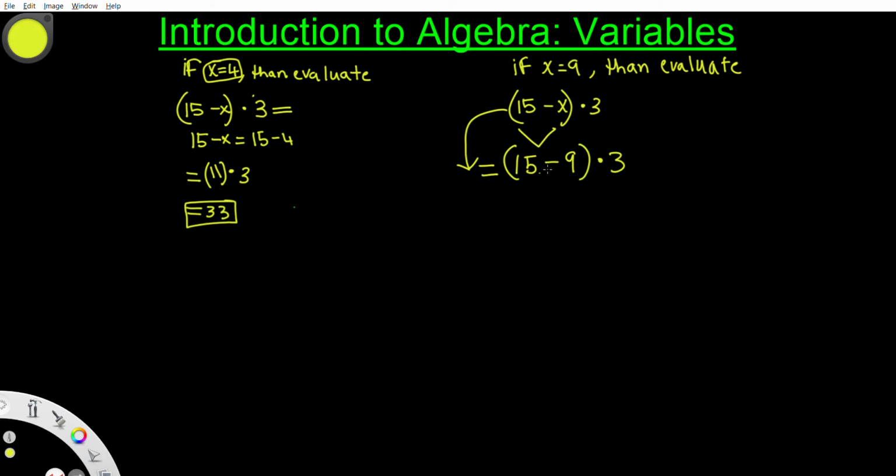So 15 minus 9 is equal to 6, and we have 3 to multiply, so we have 6 in parentheses and 3 to multiply, and we don't have to do any crazy type of math to figure this out. We know that 6 multiplied by 3 is 18. So that's our answer.